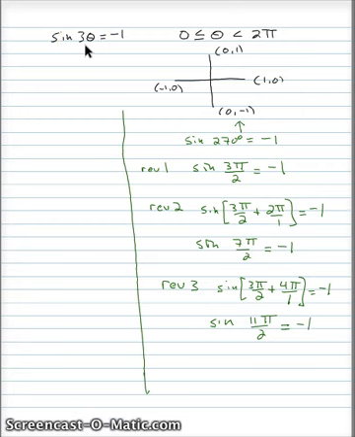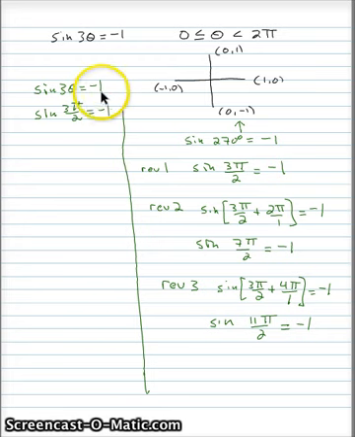Now let's go through each of those revolutions and solve for theta. So the question is sine of 3 theta is negative 1. In my first revolution, sine of 3 pi over 2 equals negative 1. If sine of 3 theta is negative 1, and sine of 3 pi over 2 is negative 1, that would mean that 3 theta would equal 3 pi over 2.